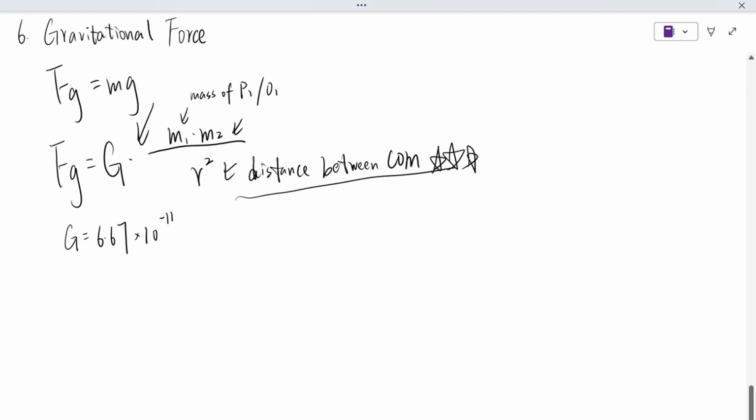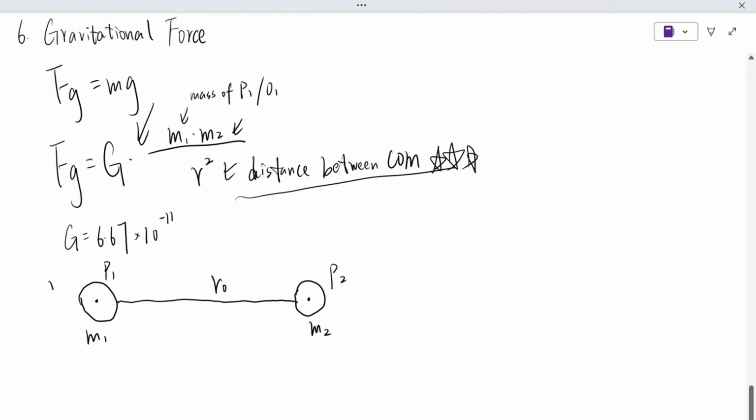Let me give you some examples. There are two planets. This is planet number 1, this is planet number 2. This is P2, this is P1. P1 has a mass of m1, planet 2 has a mass of m2, and the distance from this planet to that planet is r0.